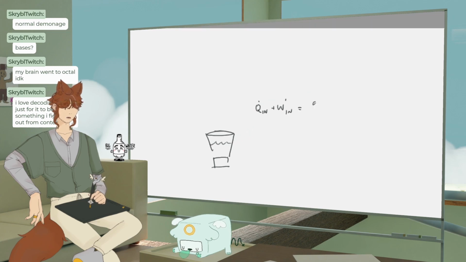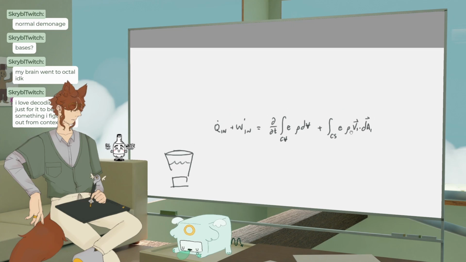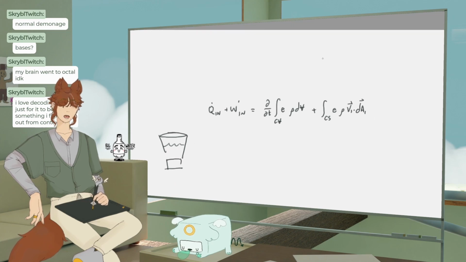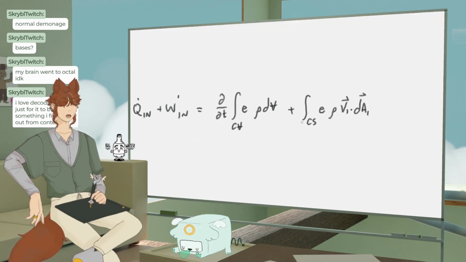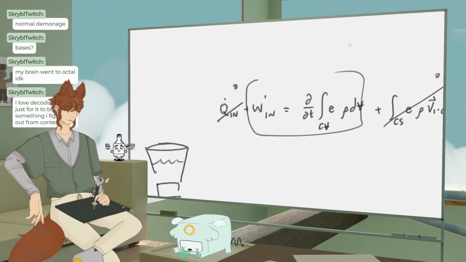And then you have this term describing the rate of change of the energy in the system, and then you have all these little energies crossing boundaries. And basically, we were like, well, this is basically nothing. If you think about it, it's basically just this, and then it boiled down to being a line.